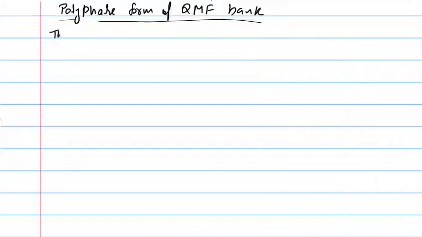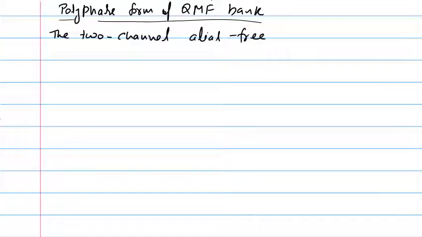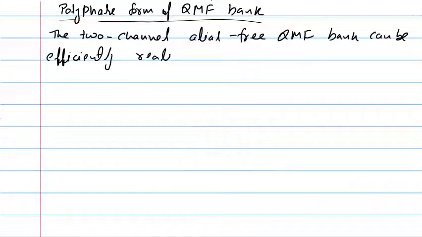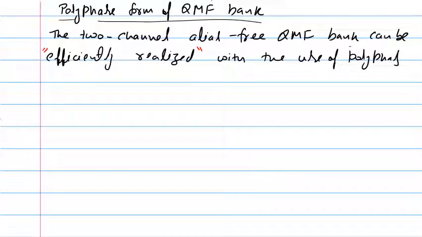Let me write down: the two-channel alias-free QMF bank can be efficiently realized with the use of polyphase filters. I'm just giving emphasis on this.